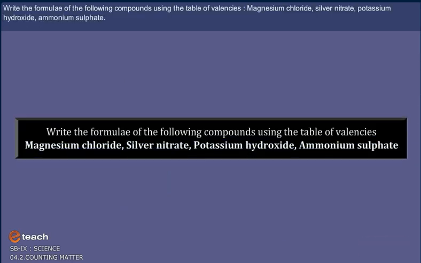Write the formulae of the following compounds using the table of valencies. Magnesium chloride, silver nitrate, potassium hydroxide, ammonium sulfate.